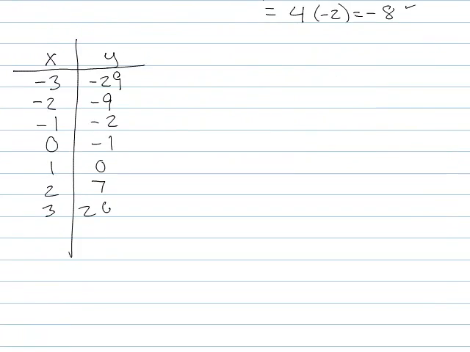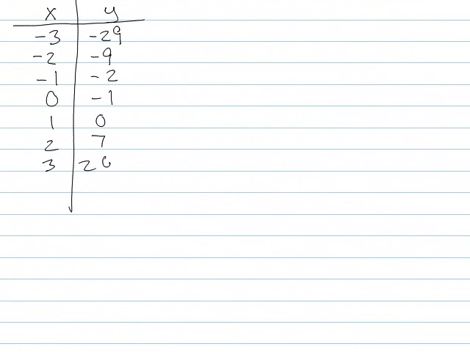Alright, so here it is, and my original function was x cubed minus 1. Now we're going to learn later much faster ways to do this even without a calculator. But essentially what I'm going to do now is plot these ordered pairs.